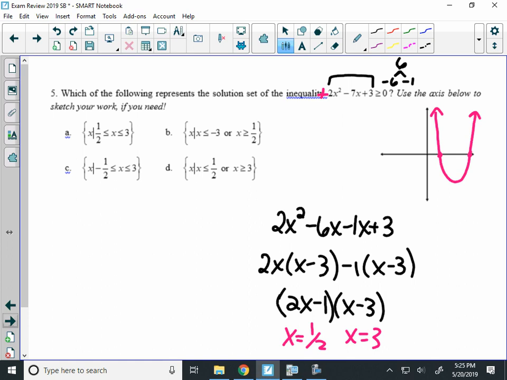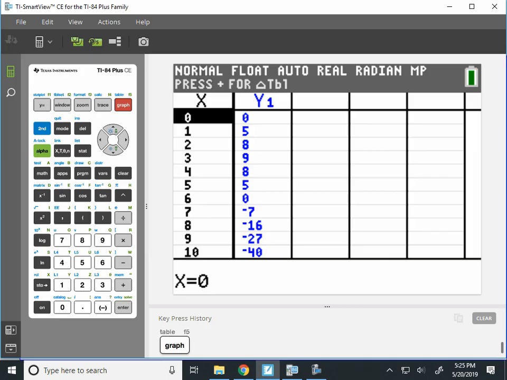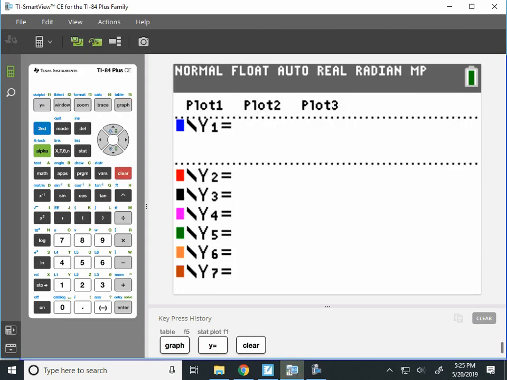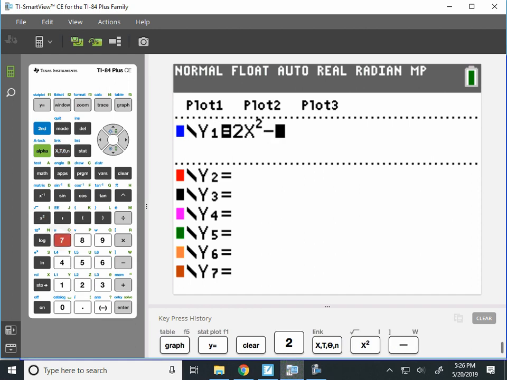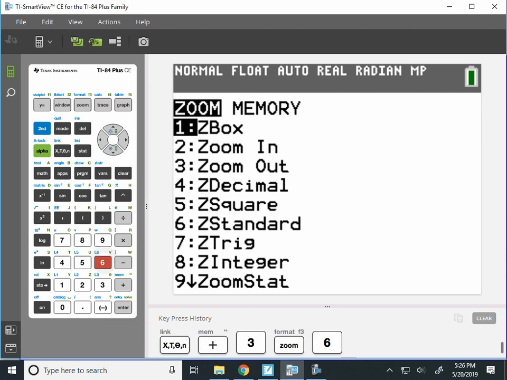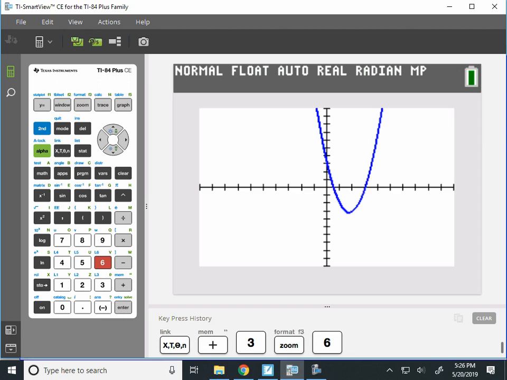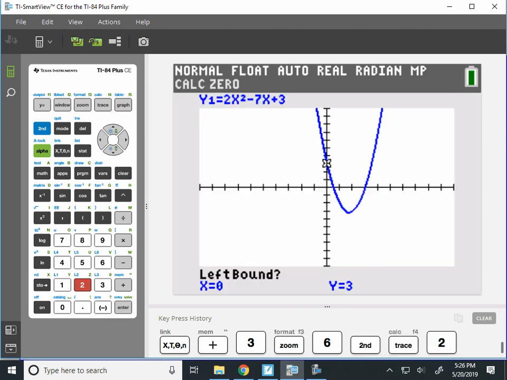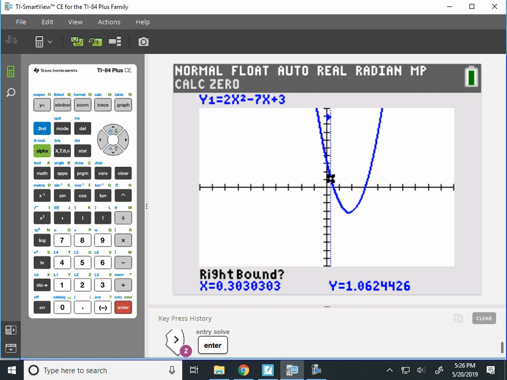Again, this is calculator allowed. So if you don't want to factor this, you can go over here to your graph and type in 2x squared minus 7x plus 3, go back to your standard window, graph it and trace the x-intercepts. Because if I trace this one, I'm going to see one of my roots is at 0.5. And then I would trace and find the other root at 3. So you can do that.